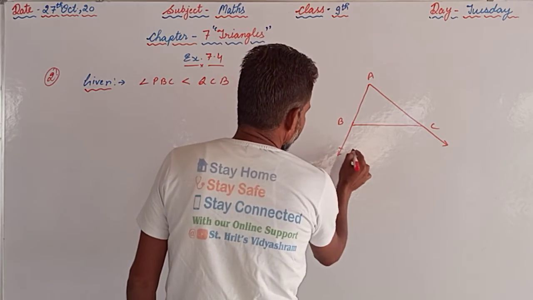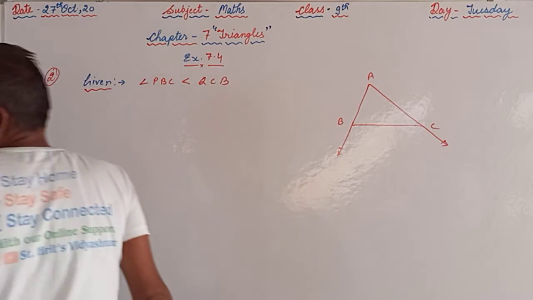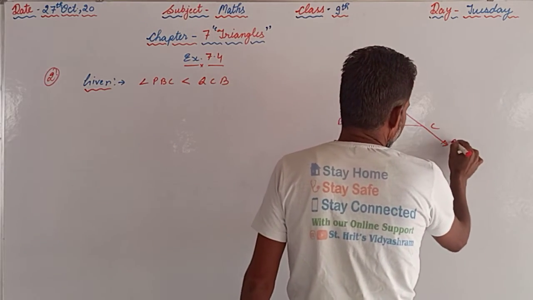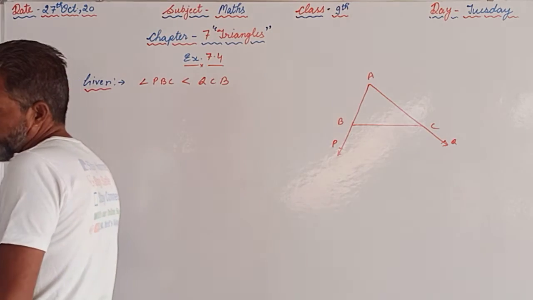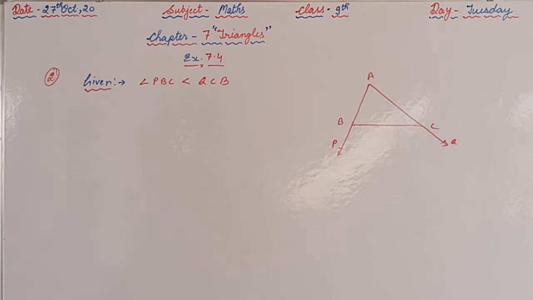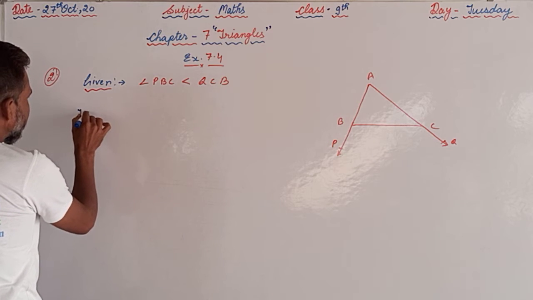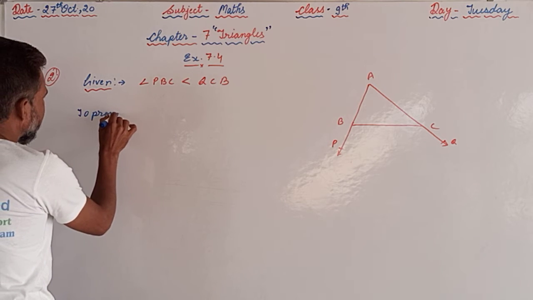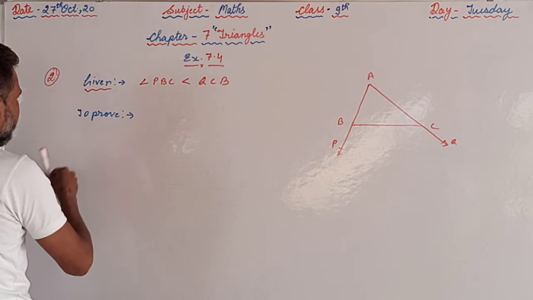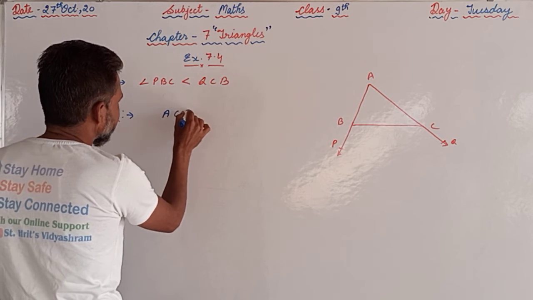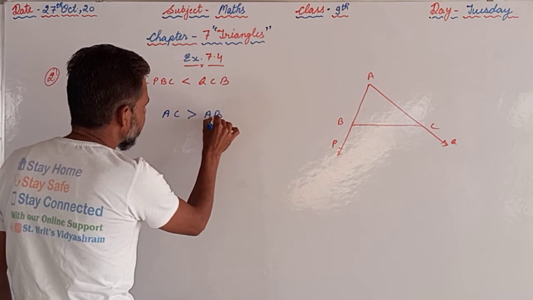Angle PBC is less than angle QCB, and now we are supposed to prove that AC is greater than AB. To prove, what we have to prove? That AC is greater than AB.